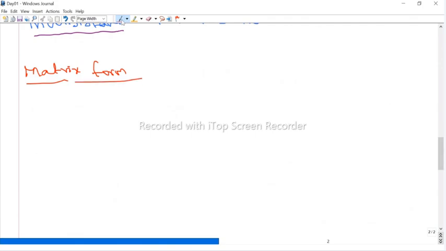We know the given system is a11 x1 plus a12 x2 plus and so on plus a1n xn equal to b1, and then a21 x1 plus a22 x2 plus a2n xn equal to b2, and so on.